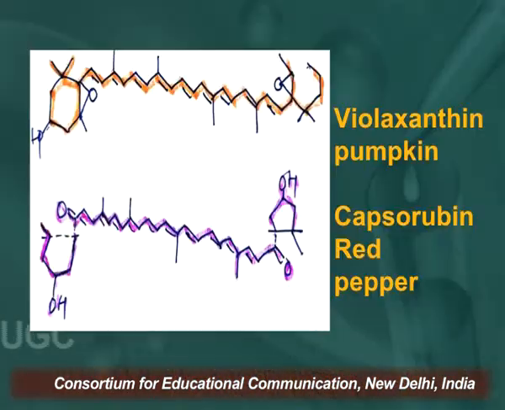The yellow color of corn is due to a carotenoid pigment, zeaxanthin. Similarly, the yellow or slightly orange color of pumpkin is due to violaxanthin. So due to violaxanthin, we see the color of pumpkin as yellow.